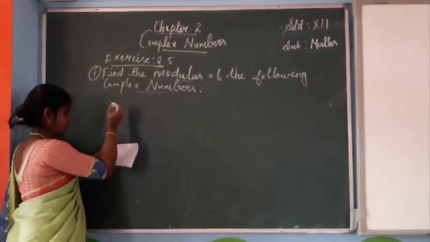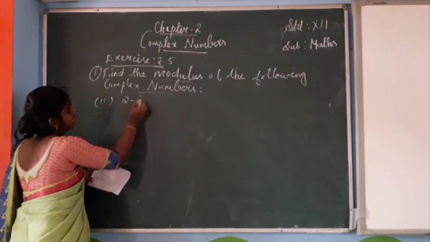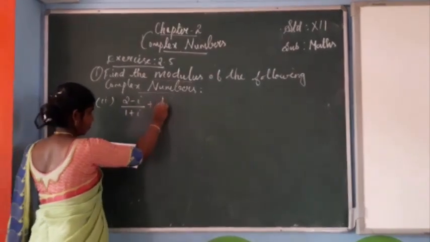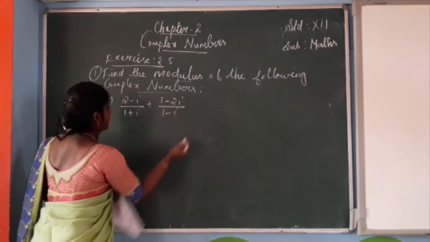So the first question: (2 minus i) divided by (1 plus i) plus (1 minus 2i) divided by (1 minus i).